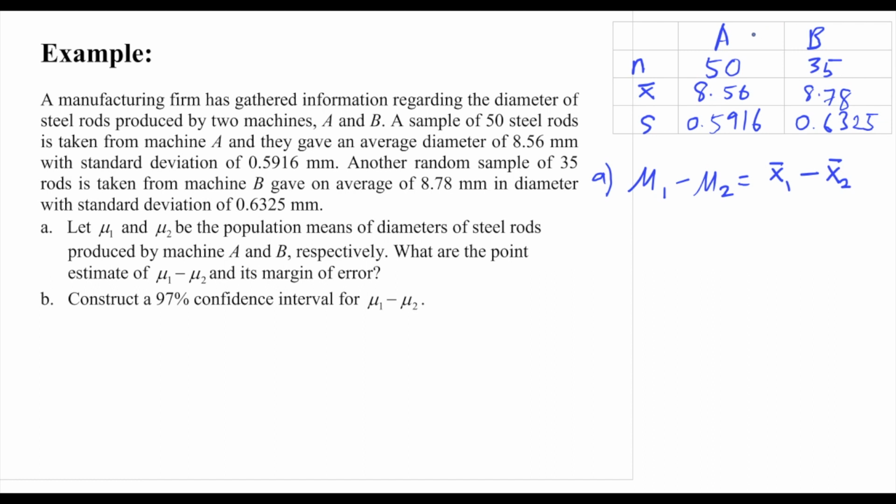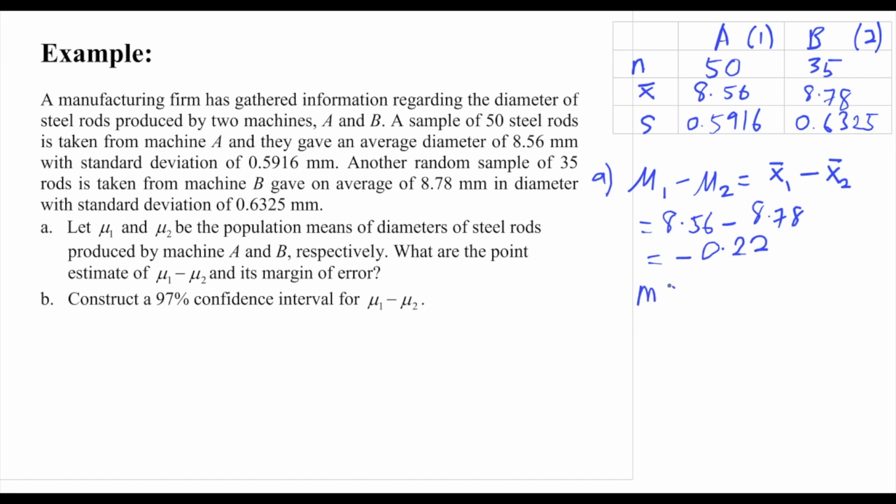Okay, so machine A, I will rename this as machine 1, and machine B, I will rename this as machine 2. So x bar 1 would be 8.56 minus x bar 2, which is 8.78. This gives us negative 0.22.